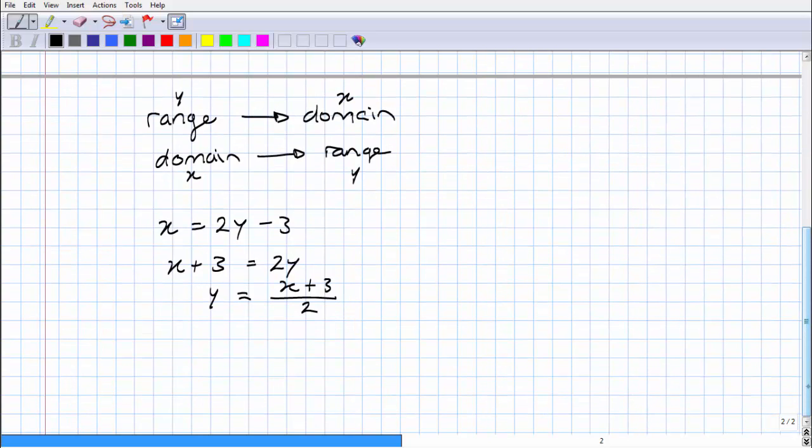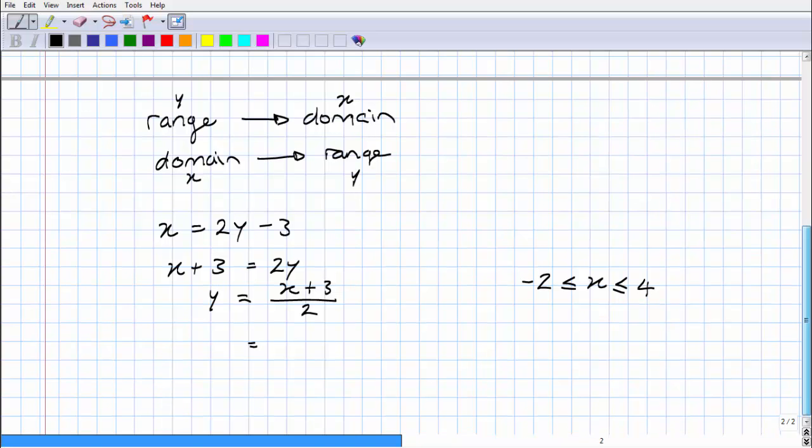And then we can say, well, what is our range? We can plug in our x values. Our original x values were -2 to 4, so we plug that in, and you can see what your values are. Now that's if you're looking for the equation.